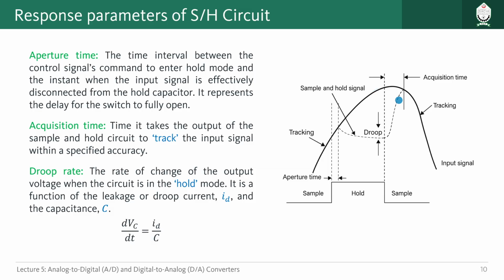What happens is that whenever you switch the circuit so that the MOSFET is turned off and the path is opened, whatever voltage we have sampled should be held for some duration.